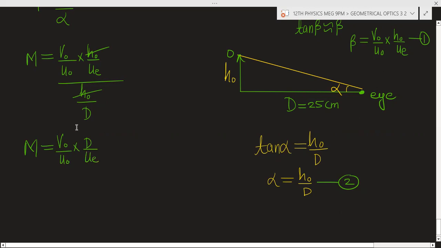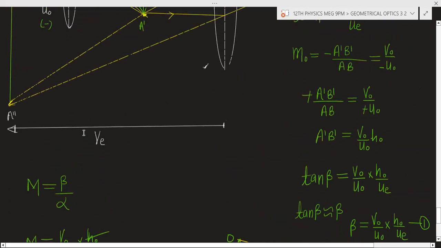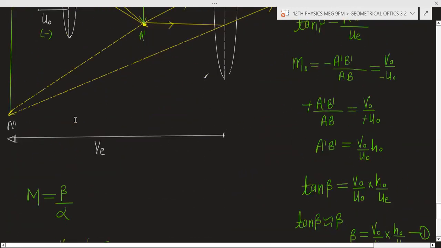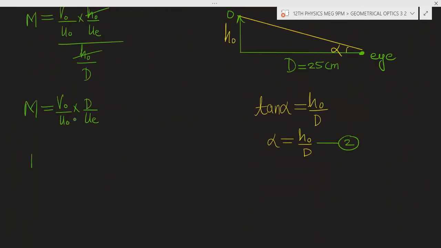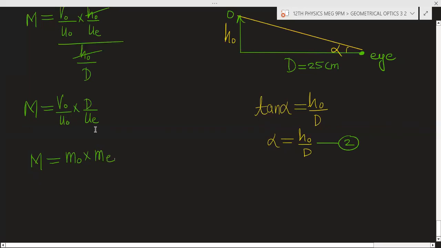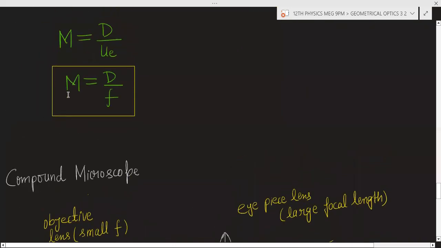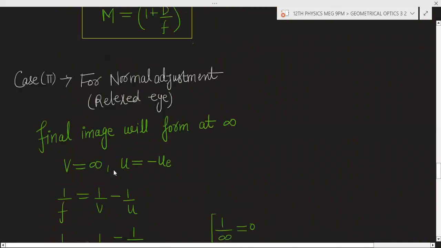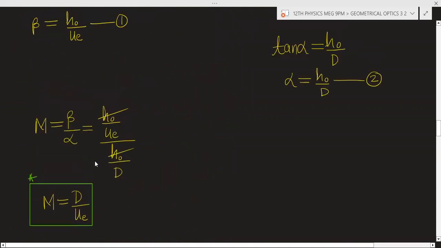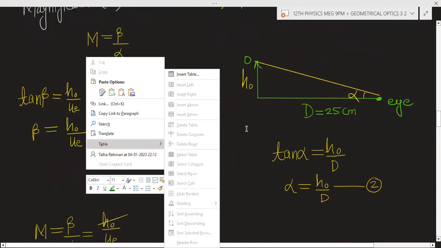Now you can see what is V naught by U naught. V naught by U naught is the magnification of the objective lens. So M is equal to magnification of the objective lens multiplied by magnification of the eyepiece lens. This D by UE is the magnification of this eye lens. You can see here D by UE, magnification of this type.